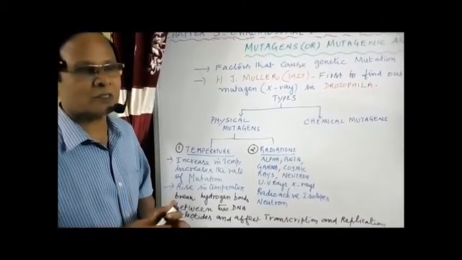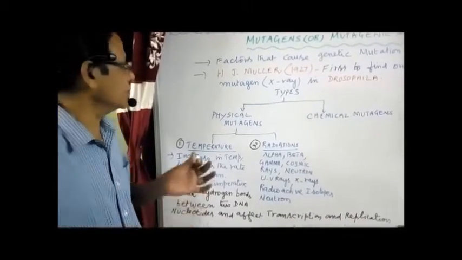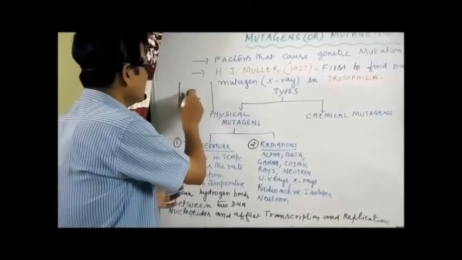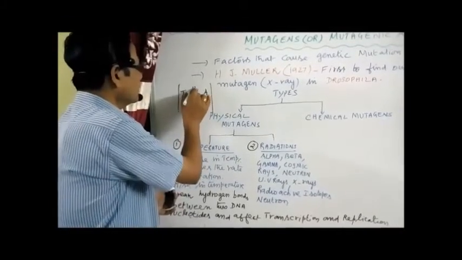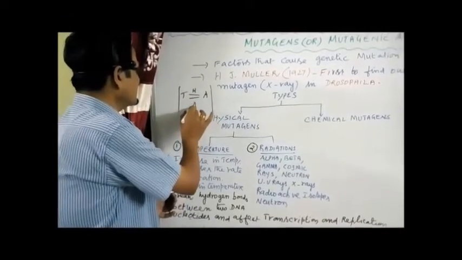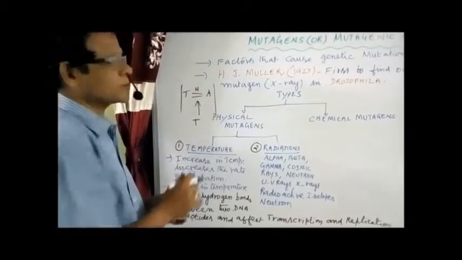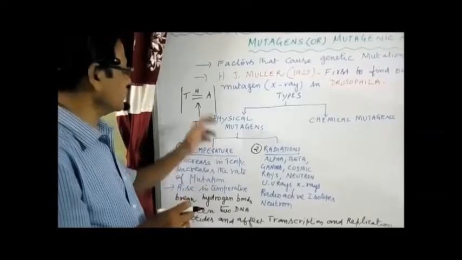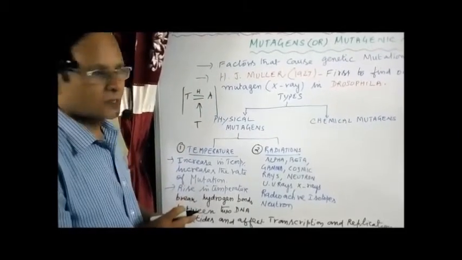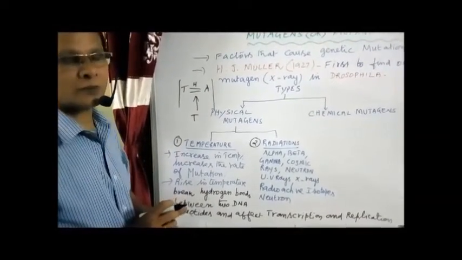We have hydrogen bonds between A and T like this. Temperature causes the breakdown of hydrogen bonds between the two DNA nucleotides, between A and T or G and C. That is the role of temperature.